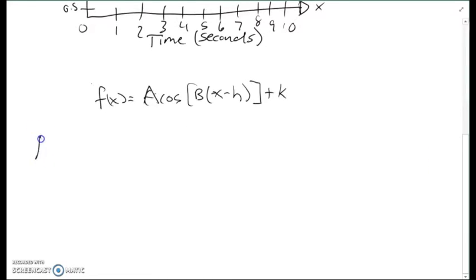So A equals the amplitude of the graph. B is the frequency.